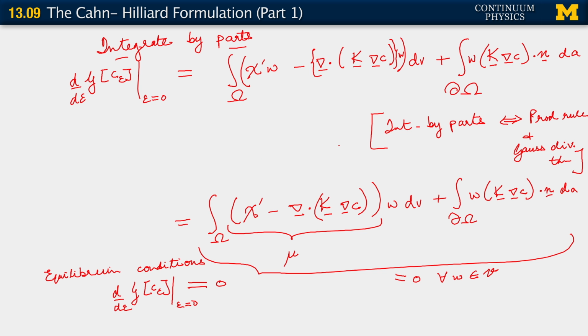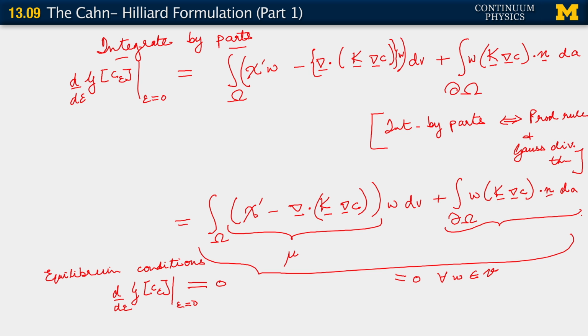I'm going to go back a slide just to point out where the boundary condition comes from. We have this additional term in our variational derivative. We have a term on the boundary. And this comes about only because we've introduced this interfacial free energy by accounting for concentration gradients.